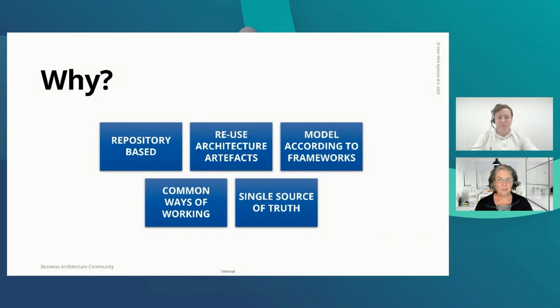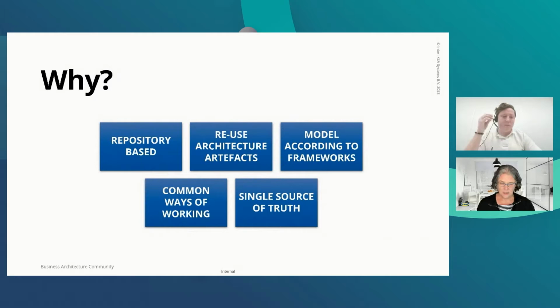It was leaning a little bit on TOGAF, a little bit on BizBok, and a lot on IKEA. There we wanted to be more streamlined as well, and by this also establish common ways of working. And last but not least, we were aiming towards a single source of truth, and not trying to find some valid truth in a set of PowerPoints, not knowing which one was the latest.